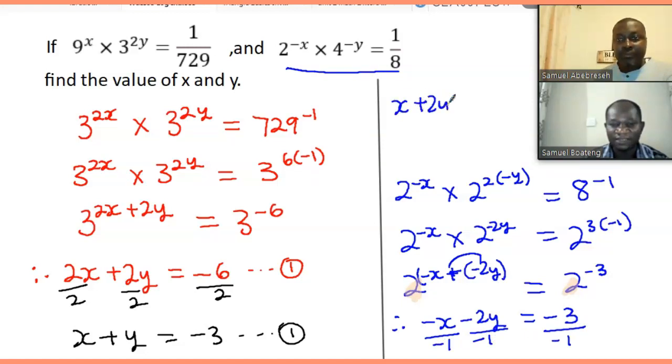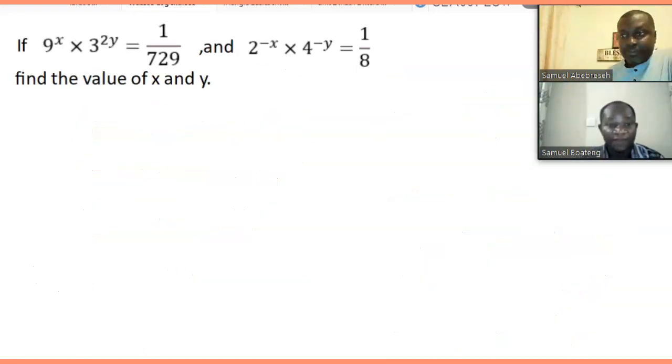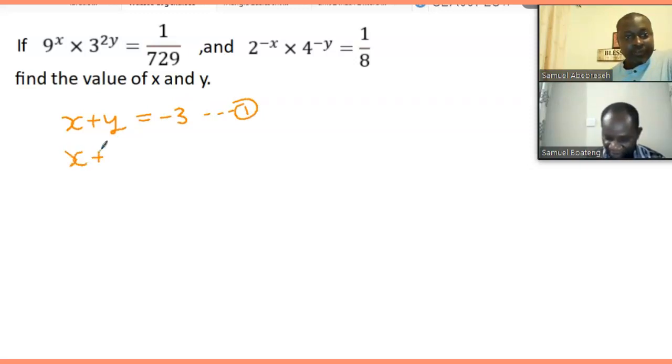So x plus 2y is equal to 3. That is our equation 2. Can we take it to the next page? Now we have our 2 equations. The first one is x plus y equal to minus 3, equation 1. Equation 2, x plus 2y equal to 3.